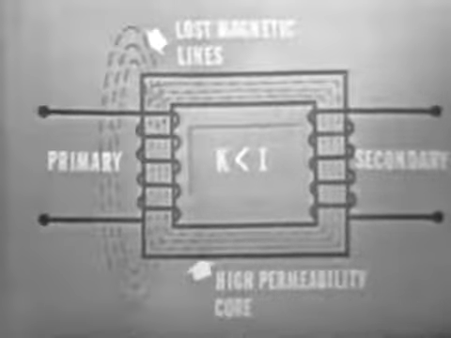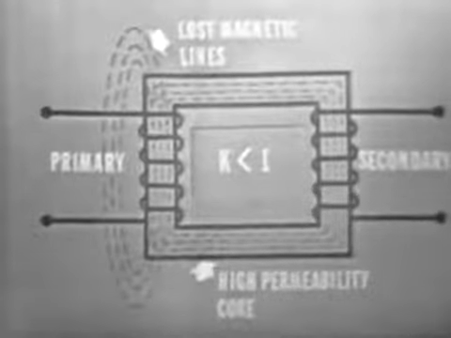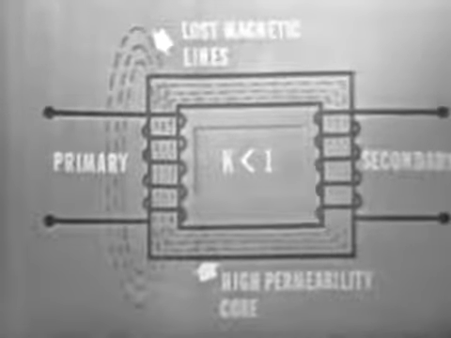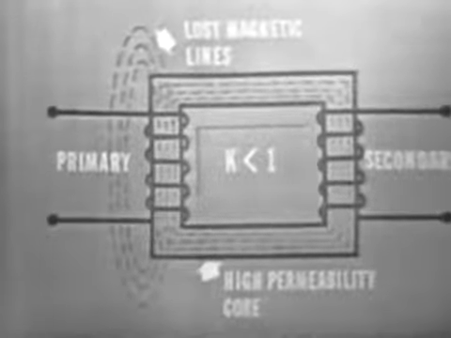This prevents the coefficient of coupling from ever being exactly unity, or 1, in a practical transformer. It should be pointed out, however, that a coefficient of coupling of 0.98 is possible between the coils of a well-designed transformer. Now, in general, there are 4 types of transformers.